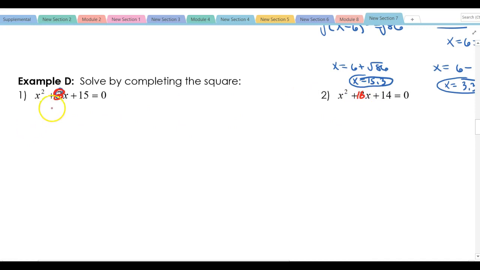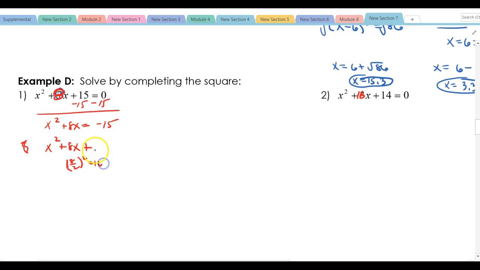Okay, so the first thing we're going to do is subtract 15 from both sides. I get x squared plus 8x equals negative 15. Now I'm going to complete the square. So I get x squared plus 8x plus, I'm going to take half of 8 and square it.